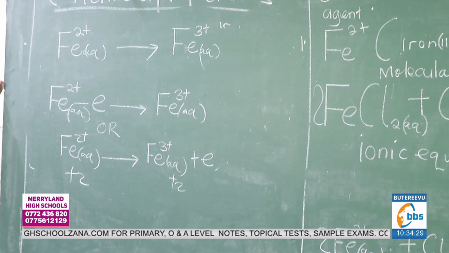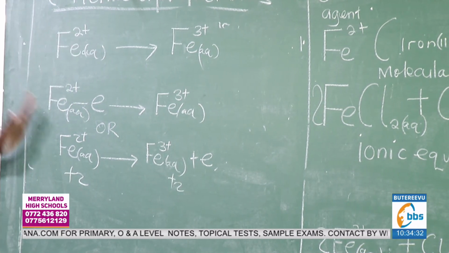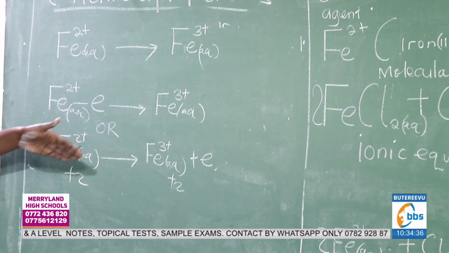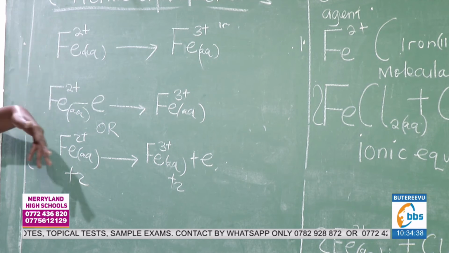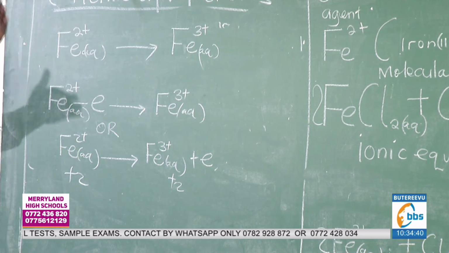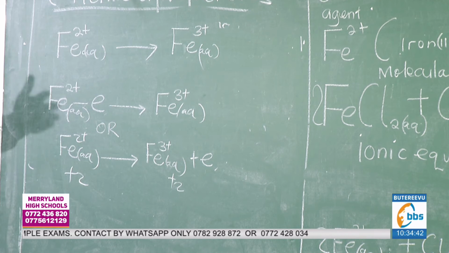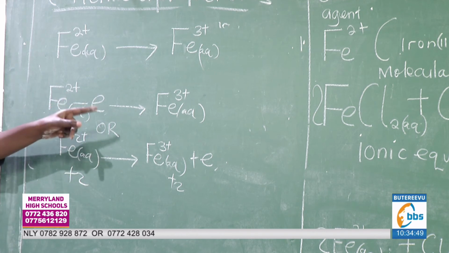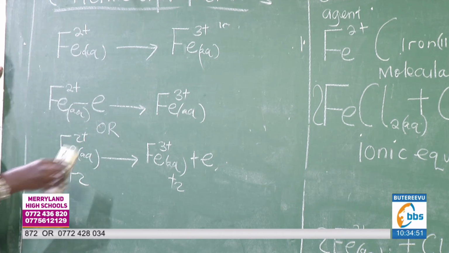Therefore, iron 2 has been oxidized to iron 3. They may give you that equation, and then they say, write the oxidation reaction. Write the reduction reaction. So this is an oxidation reaction. Iron 2 being oxidized to iron 3.